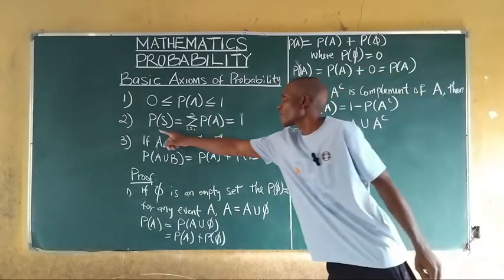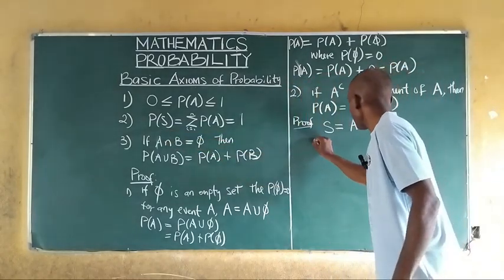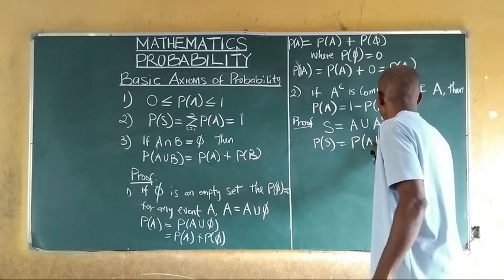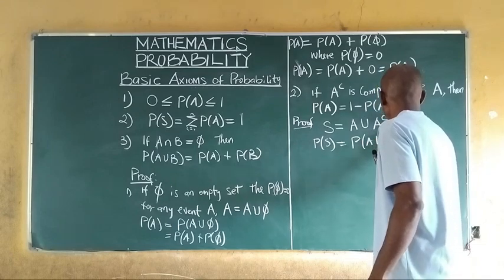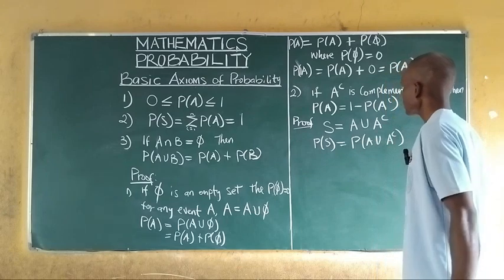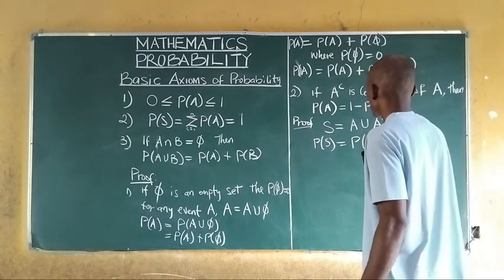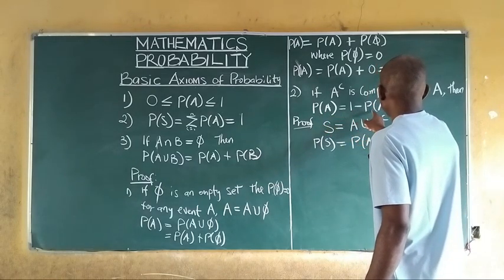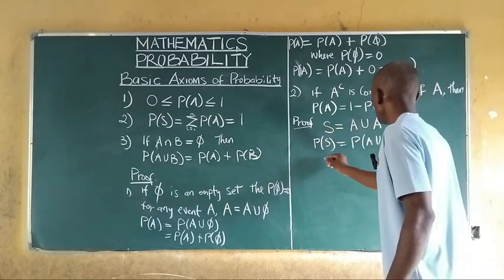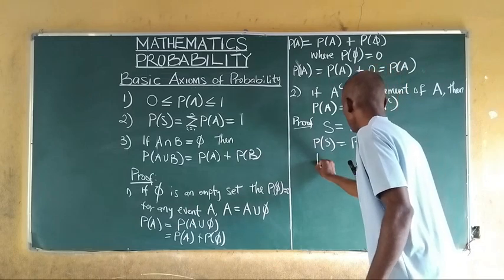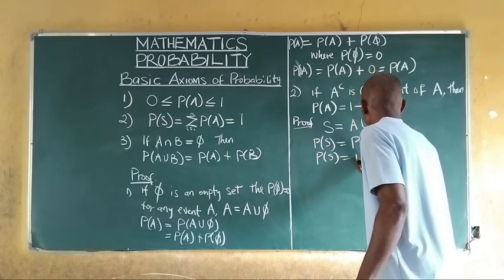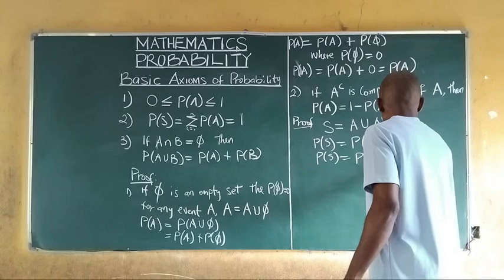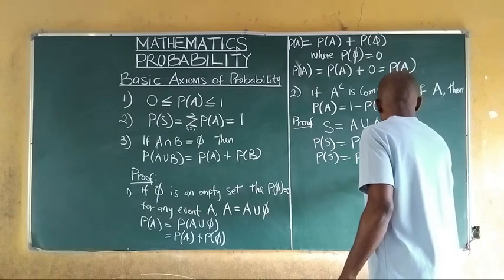So the probability of the sample space S is equal to the probability of A union A complement, which is the probability of A plus the probability of A complement.